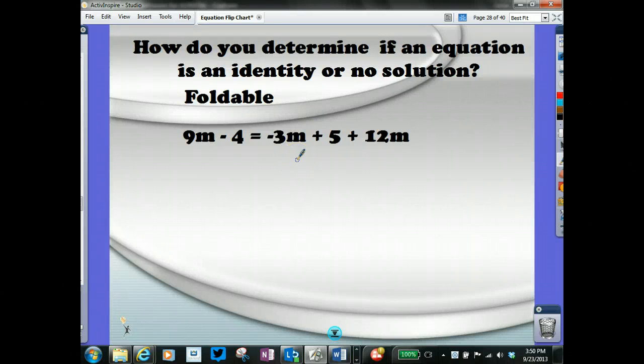Because it's important, as we saw that was an identity where 12 equals 12. It can also be seen as infinite solutions, but an identity. You'll see both of those terms used. Whereas this one's going to be just a little bit different. Go ahead, take a second, work this out, and see what you come up with.